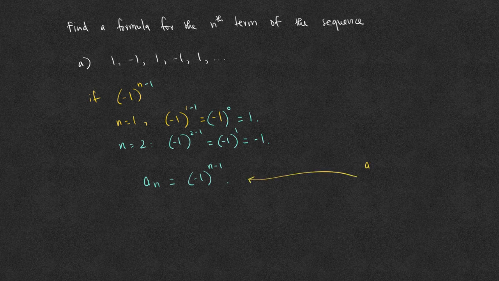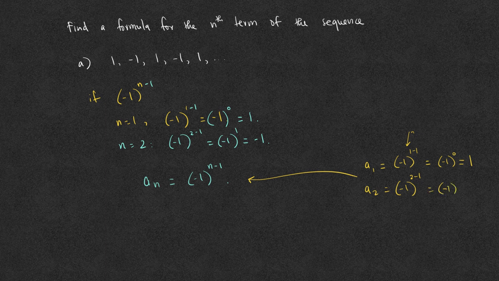And again, when n equals 1, a sub 1 is -1 raised to the 1 minus 1, because n is now 1. And so we have -1 raised to the 0 power, which is positive 1. A sub 2 is -1 raised to the 2 minus 1. The minus 1 is fixed.